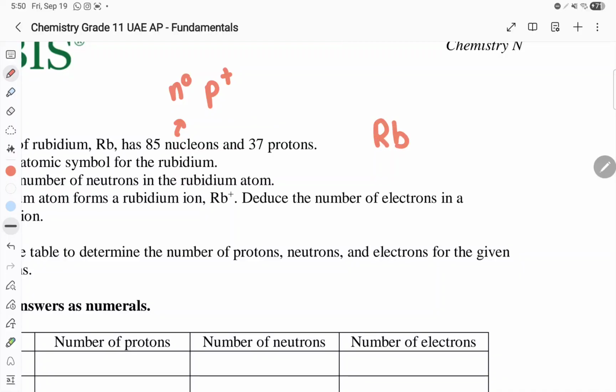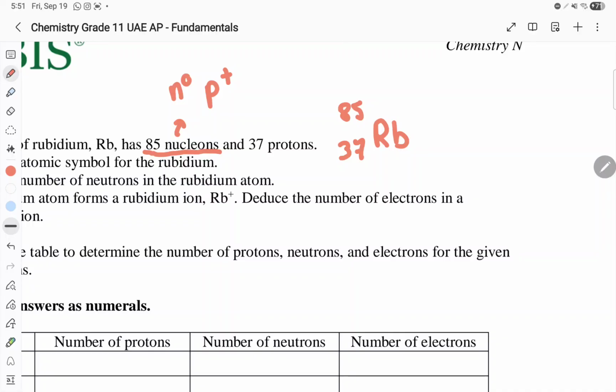Then, you need to write the mass number, aka the number of nucleons. The mass number is the number of neutrons plus protons. So, if they gave us nucleons straight away, you could directly put 85 up. And always down is the number of protons, or the atomic number.